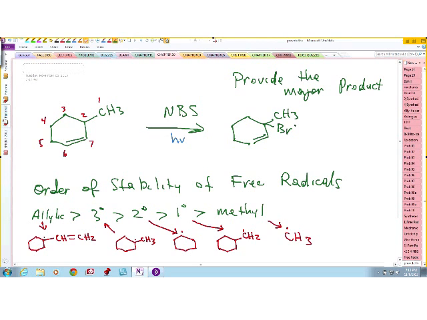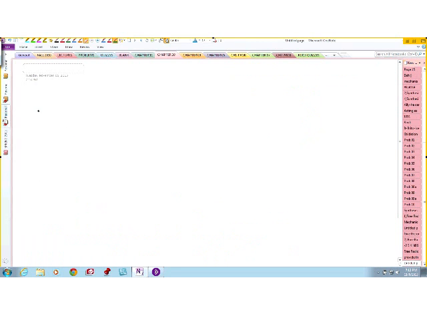So there are many ways I will ask you this. Either I give the major product, or I could simply say give me the product, or sometimes give the reaction mechanism. Now, supposing we do the same thing with this.